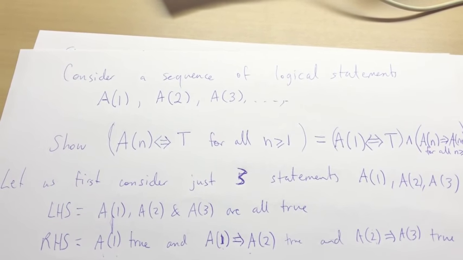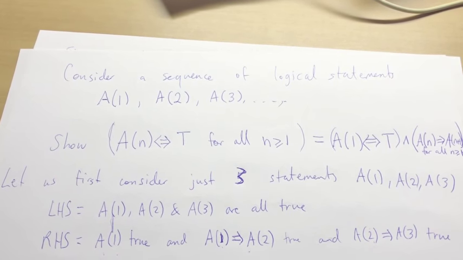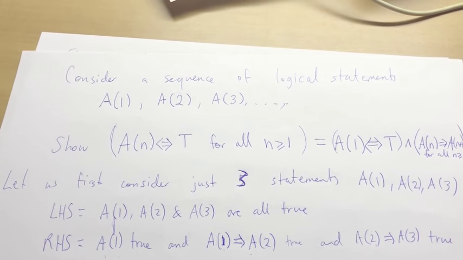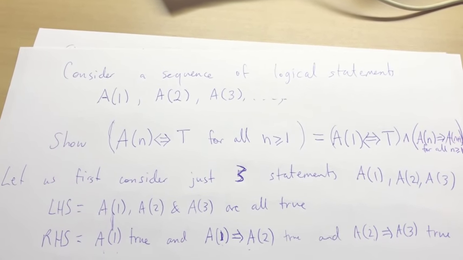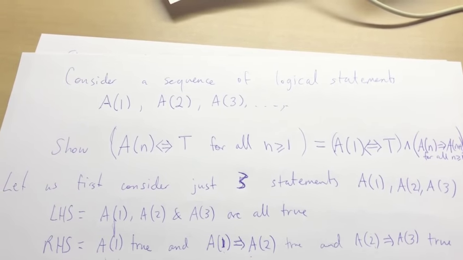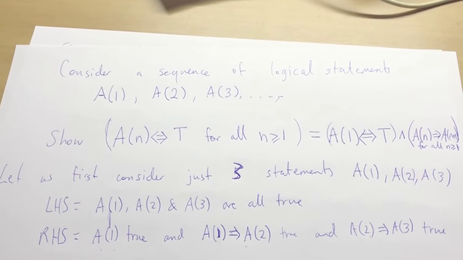Can you see how, if A1 implies A2 is true and A1 is true, then A2 can't be false, because if A2 was false, then A1 implies A2 would be false? That's the only way an implication can be false. So therefore A2 must be true.